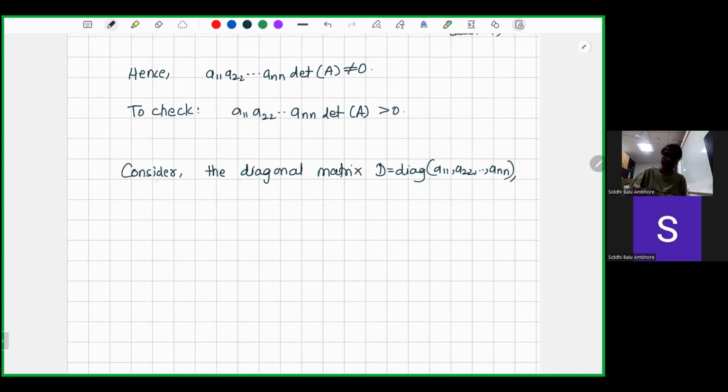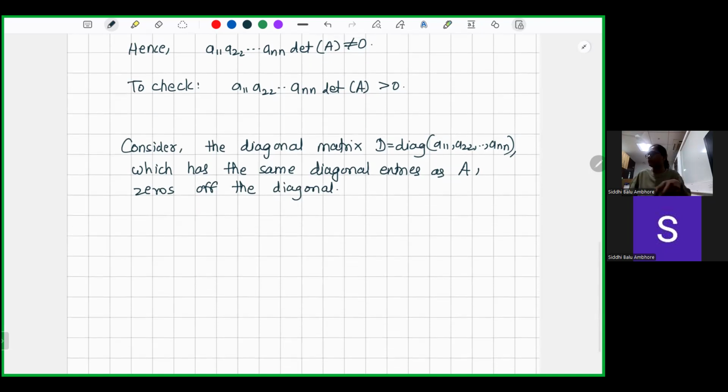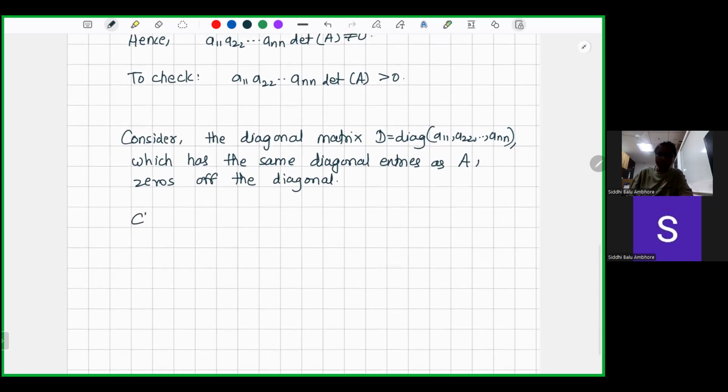It has the same diagonal entries as A and zeros off the diagonal. Clearly this D also satisfies this condition.